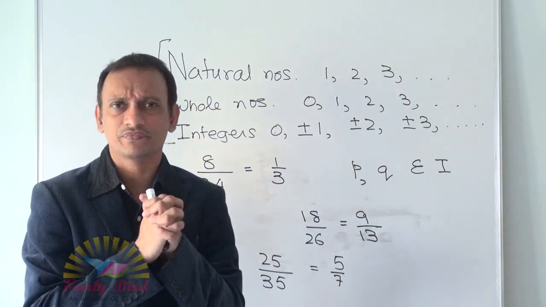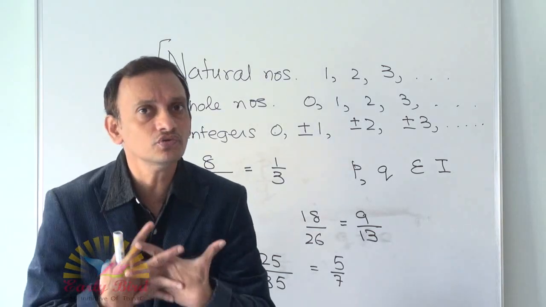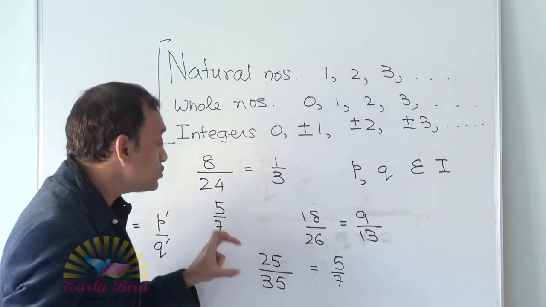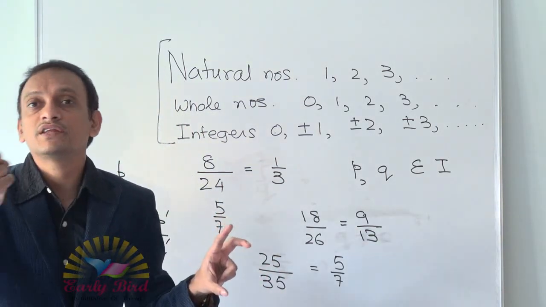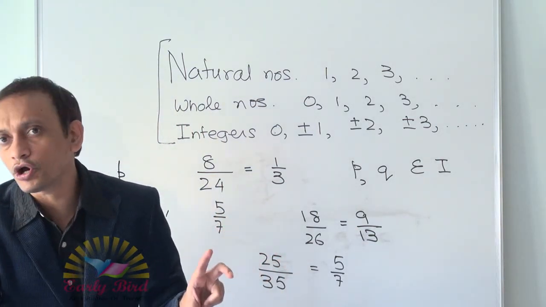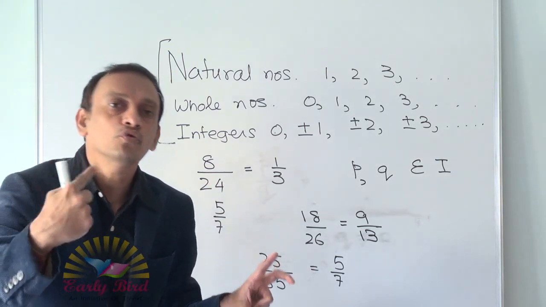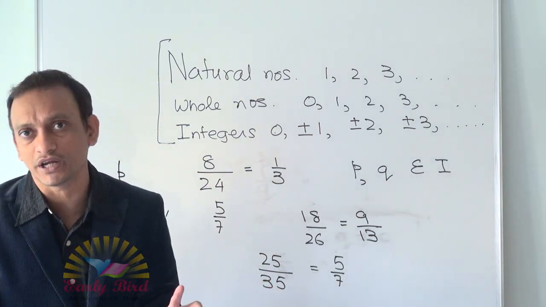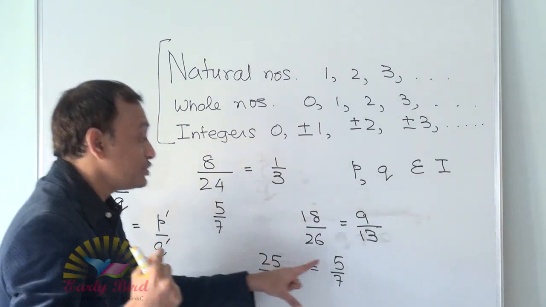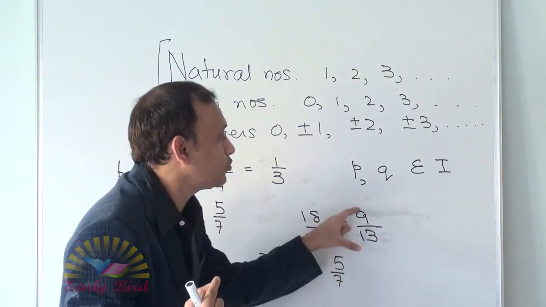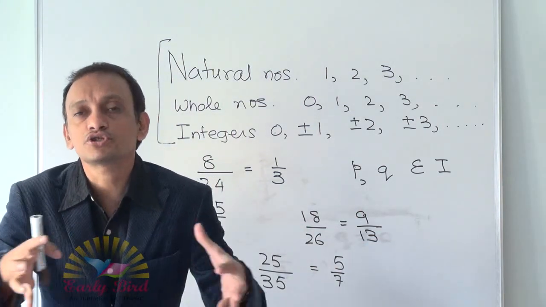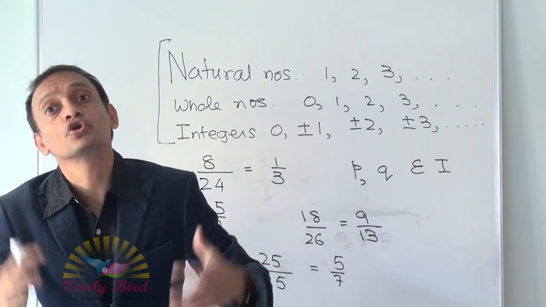So when you reduce a rational number to a form in which the numerator and denominator have only 1 as the common factor, that means when the numerator and denominator are co-prime, then the rational number is said to have been reduced to its lowest form.